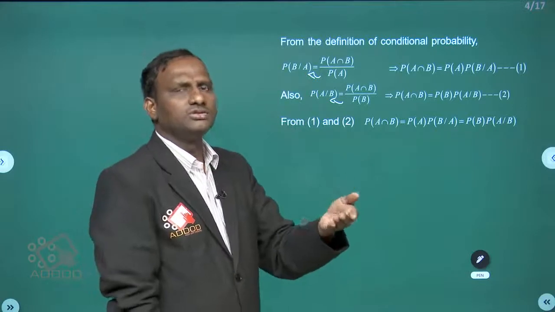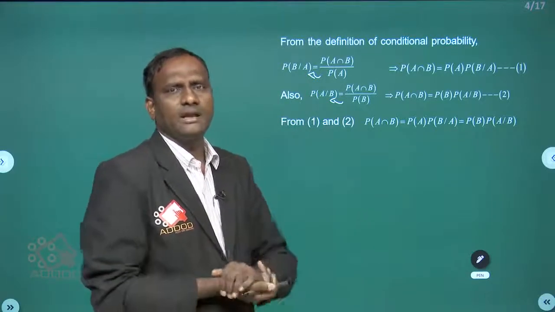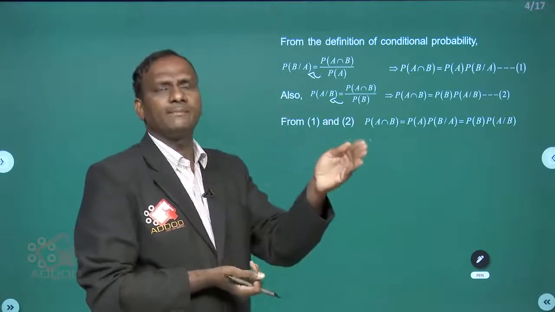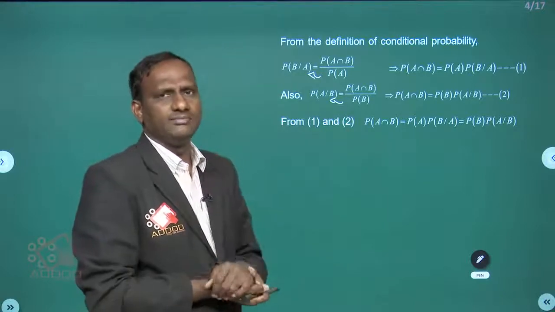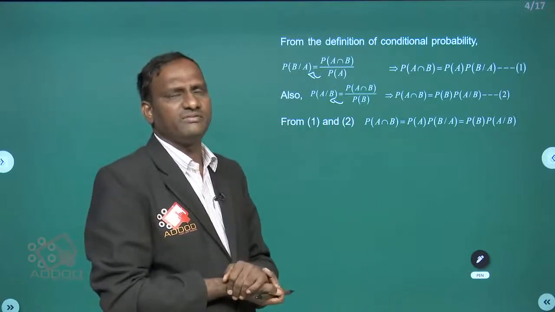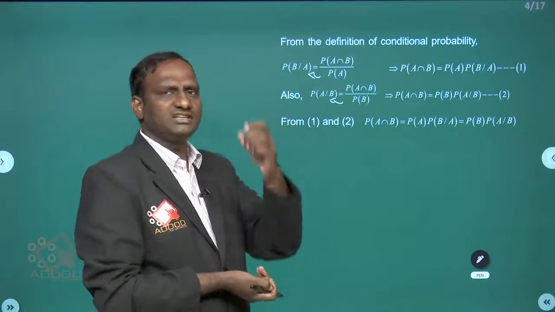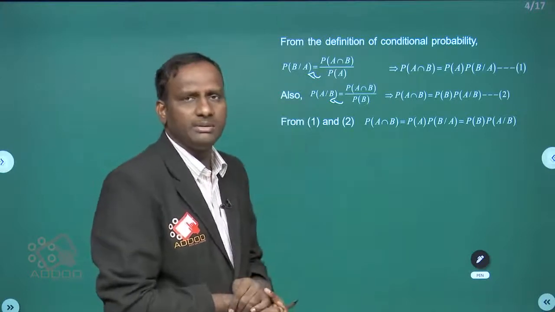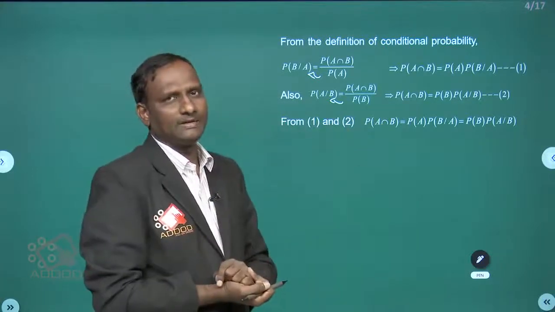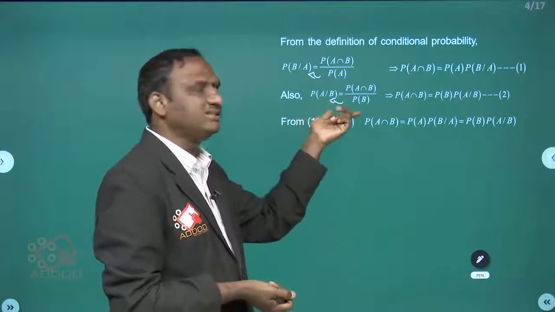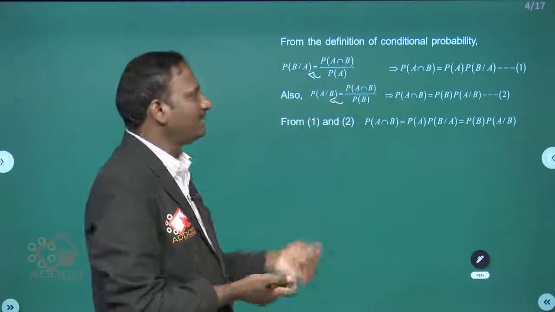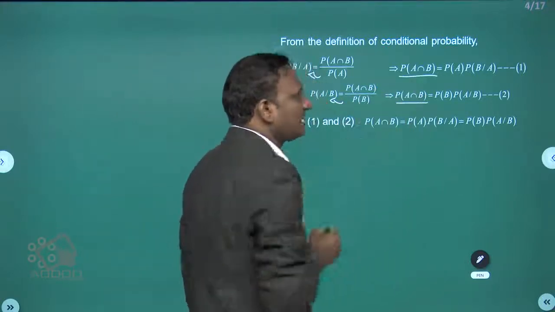What is the conditional probability? A and B are two events of a sample space, and P of A is greater than 0 and P of B is also greater than 0. Here B is happening after the happening of A, so we define P of B given A as P of A intersection B by P of A. In the other case, A is happening after the happening of B, so P of A given B is equal to P of A intersection B by P of B. Cross multiplying the denominator, in these two conditions P of A intersection B is common.